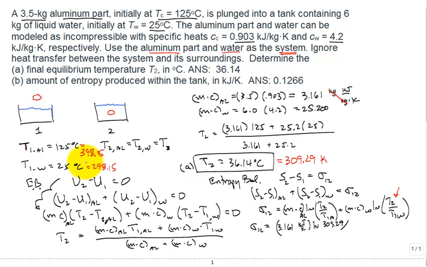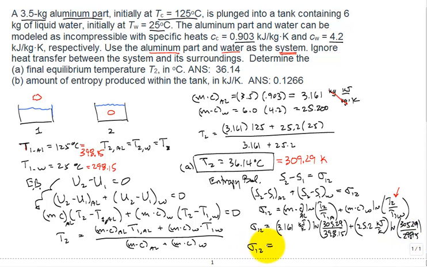Plus now the mass times specific heat, 25.2 kilojoules per Kelvin, times the natural log of the final temperature, 309.29, divided by the initial temperature of the water, 298.15. Okay, we run our calculator.